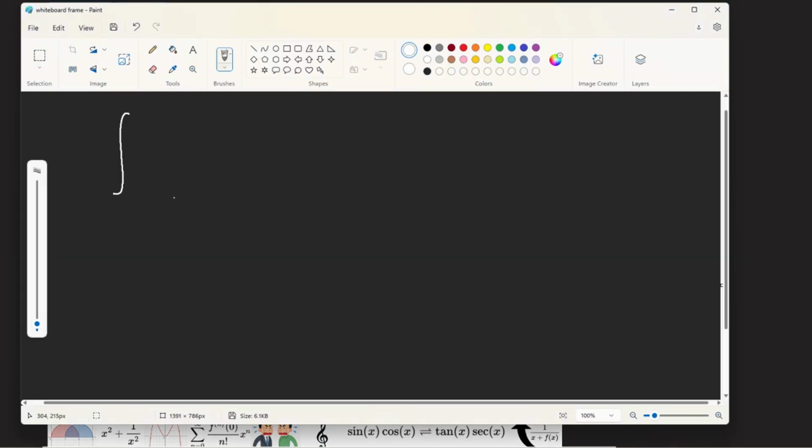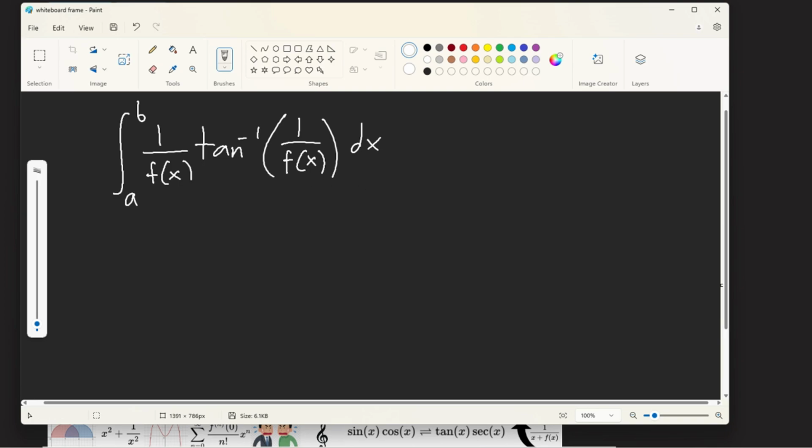So whenever you have an ugly function, let's say from a to b, we have 1 over f of x, inverse tangent of 1 over f of x, dx. If you have a nasty integral that has something like this somewhere in it, what you can do is let this integral become a double integral.